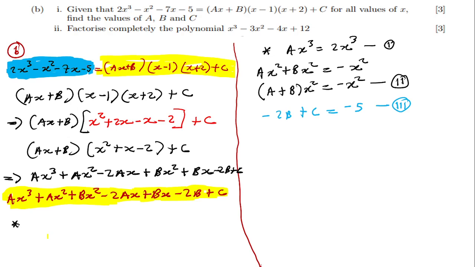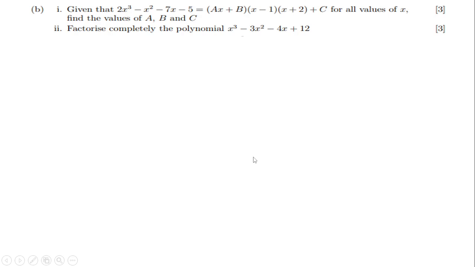So I'll start with the yellow guy, the one I've highlighted in yellow. Let me quickly solve it. Using equation 1, EQ1, I have ax cubed, which has been equated to 2x cubed.